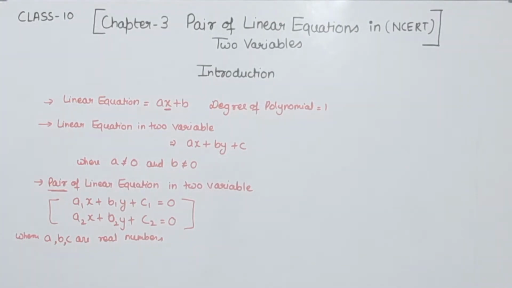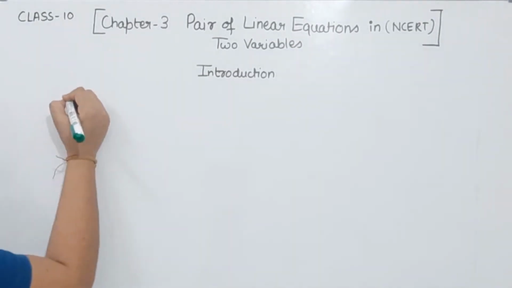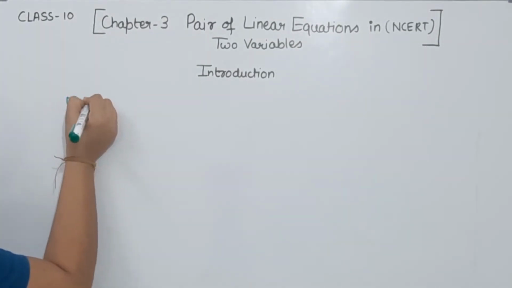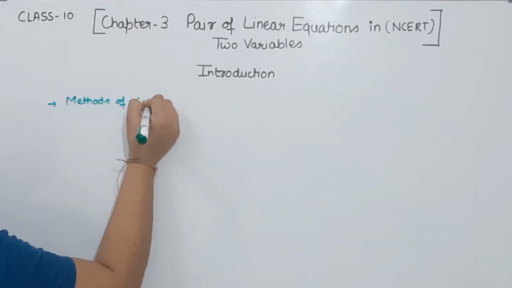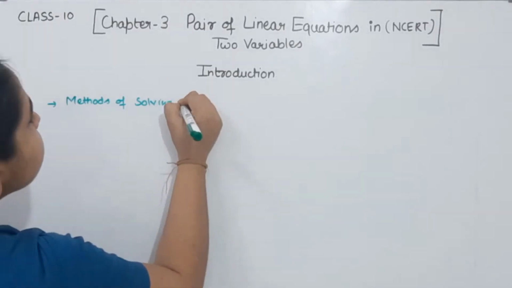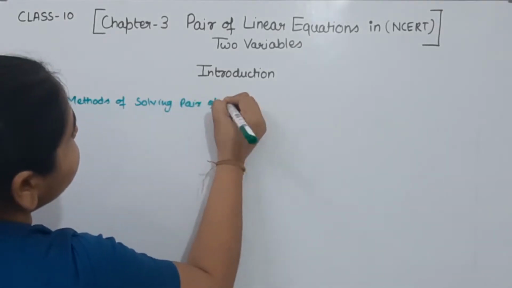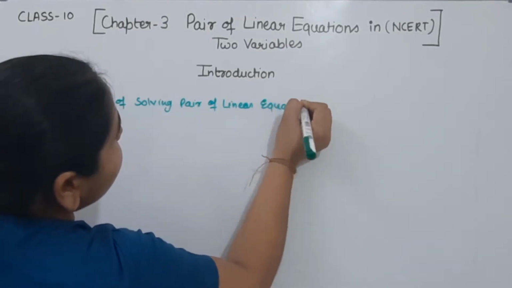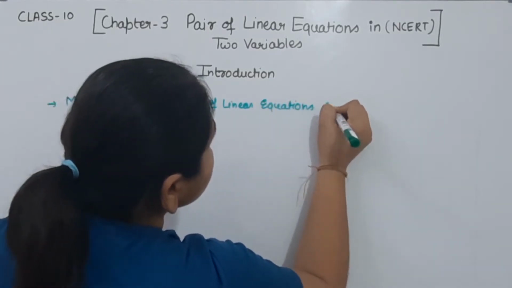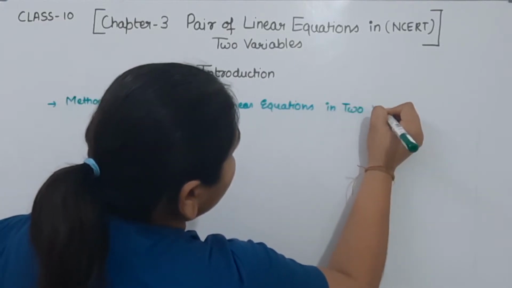So these are the pair of linear equations we are having. Now we have to understand how we can solve this. So comes the next topic: methods of solving pair of linear equations in two variables.